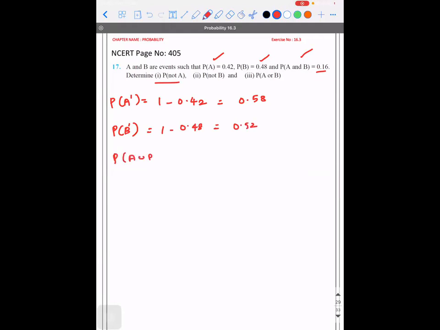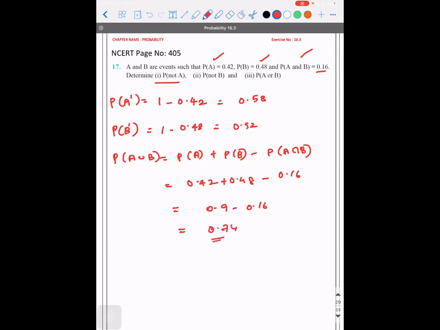P of A or B is equal to P of A plus P of B minus P of A intersection B. That is 0.42 plus 0.48 minus 0.16. 0.48 plus 0.42 is 0.9 minus 0.16 is how much? 90 minus 16 is 74. So it is 0.74.